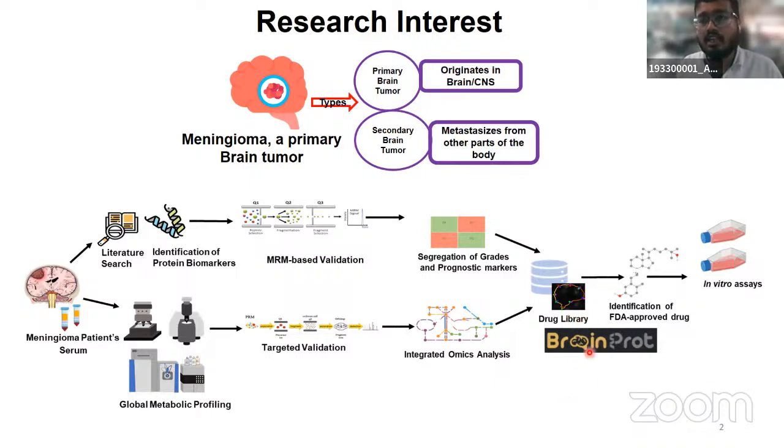So for that reason, a drug pipeline for the treatment of specifically high-grade meningiomas has been developed, and you can also search in BrainProt, which contains BDTF, a comprehensive database of different brain markers, among which in the BDTF there is a comprehensive list of the drugs that are present in different clinical trials of different brain diseases, including meningioma, and these have further been tested in high-grade meningioma in vitro through cell lines.